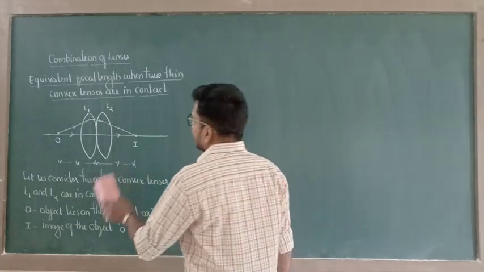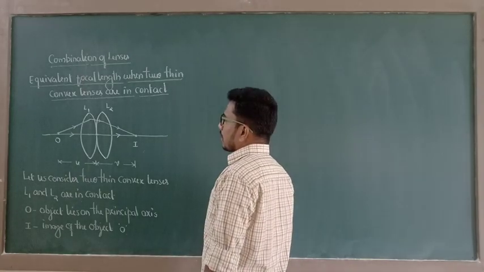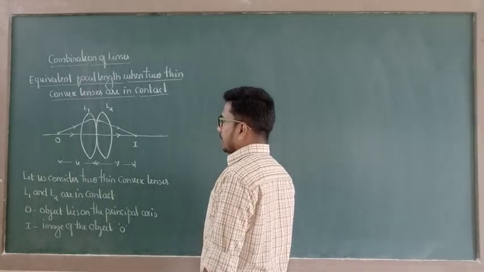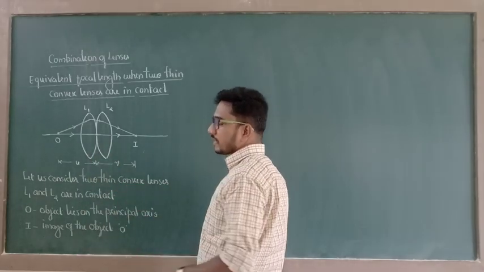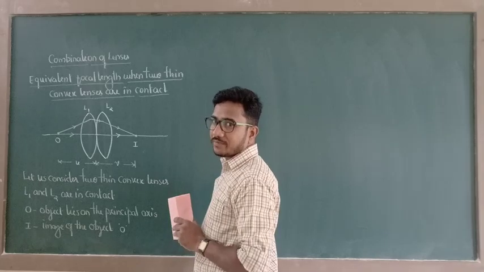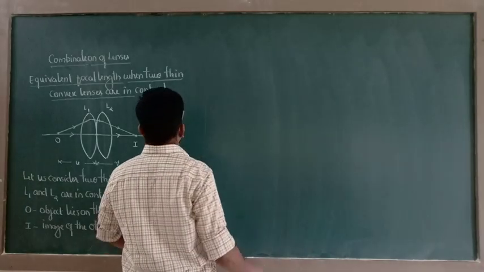So while deriving this equivalent focal length, here I am going to consider the thin lens formula, because already we have considered two thin convex lenses in contact. Therefore, I am going to use the thin lens formula.